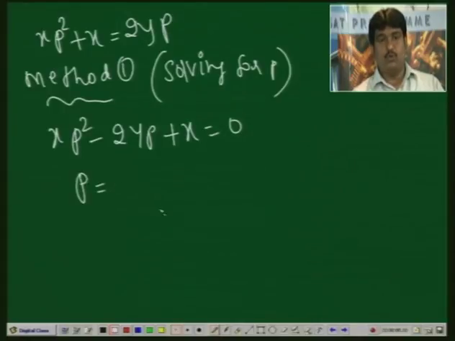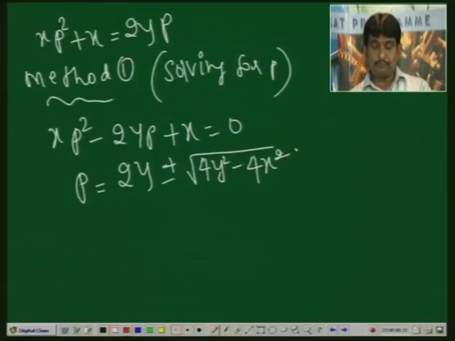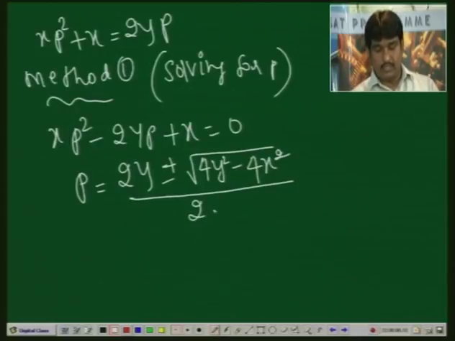So roots are p equals to minus b, which is plus 2y, plus or minus root of b square, b square is 4y square, b square minus 4ac, 4ac is 4 into x, 4x square, divided by 2a, a is x, divided by 2x.